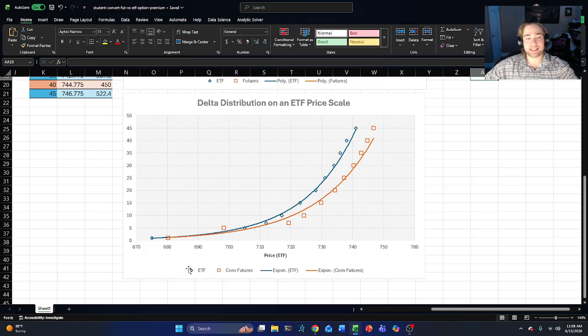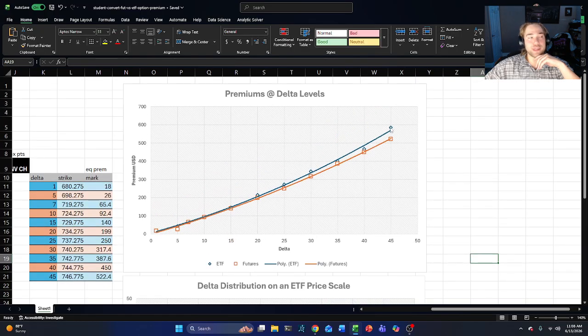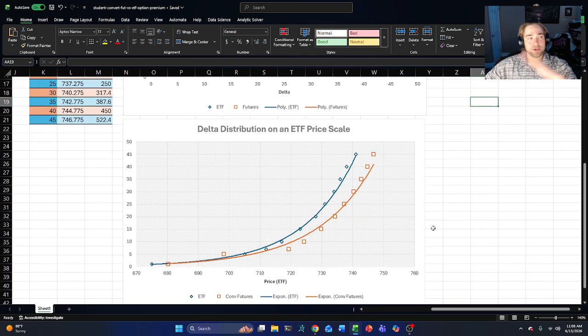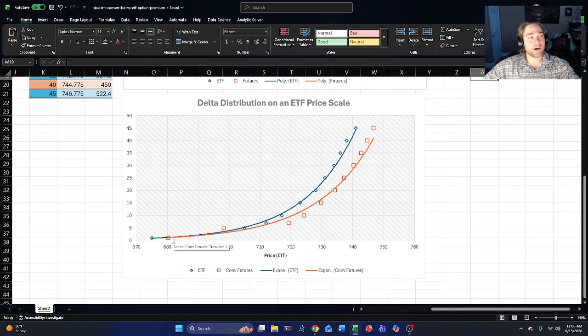So x-axis price, y-axis delta. And you can see here with the model, the ETF has further distribution, which aligns with it being a richer premium. So distributions are further out for the same deltas, and they're richer as well, while the futures are a cheaper market and distributions are closer in.